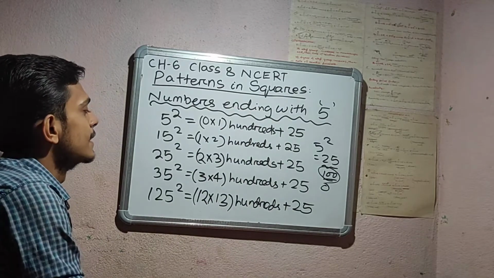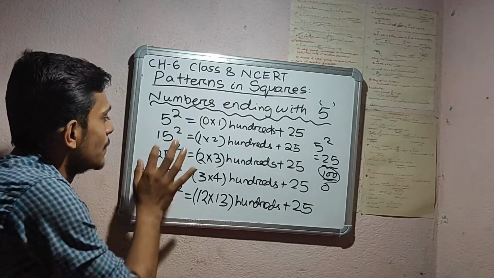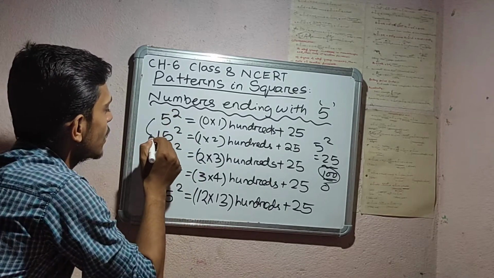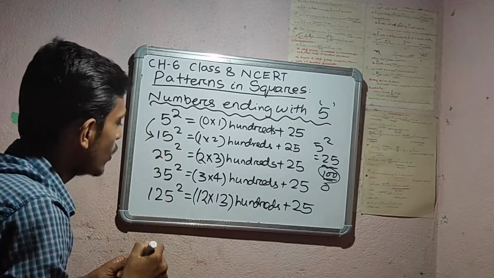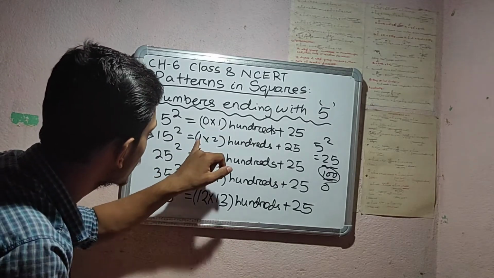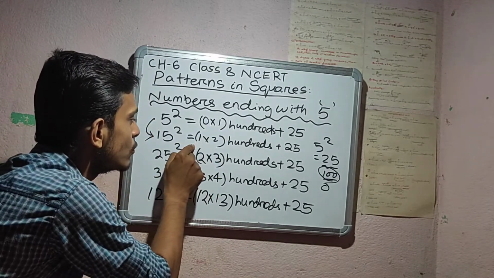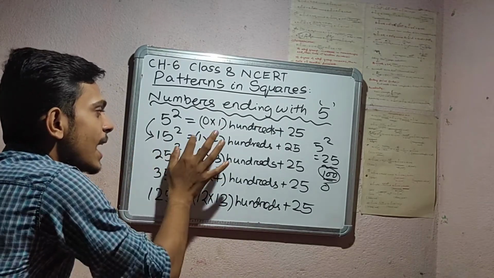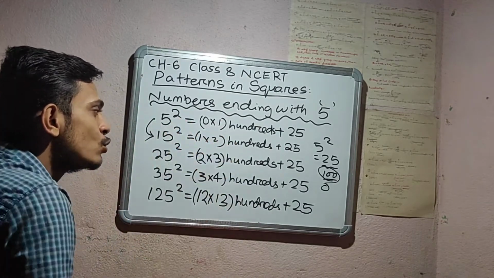Clear? Then consider 15. 15 square. So it is just after 5. After 0 and 1 we have to consider what number? That is 1 and 2, the next consecutive. Here 0 is multiplied with 1 and here 1 is multiplied with 2.